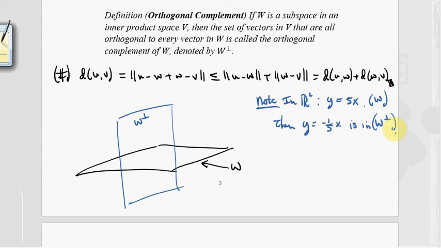Are you with me? Because we remember from straight lines that two lines are said to be perpendicular if their slopes are negative reciprocals.